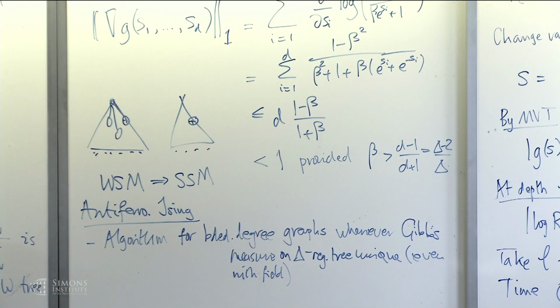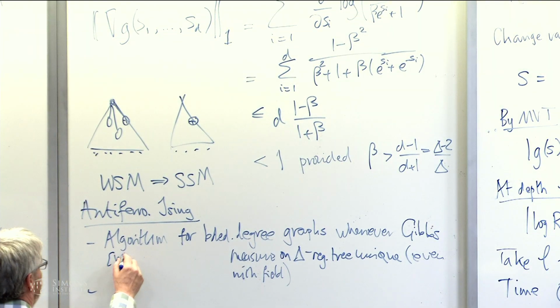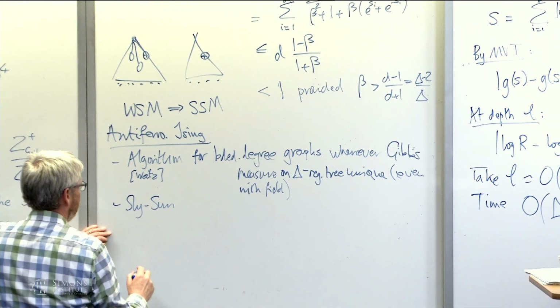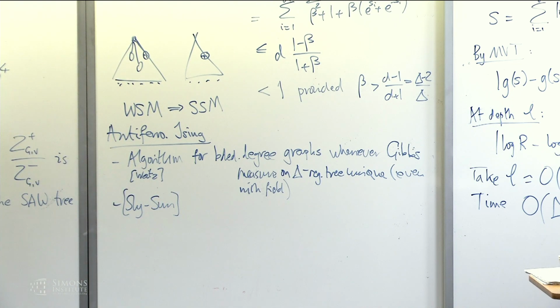In this case, this is Weitz, and then Sly and Sun prove a complementary result that outside this range of parameters, not only does the algorithm not work, the problem becomes NP hard.